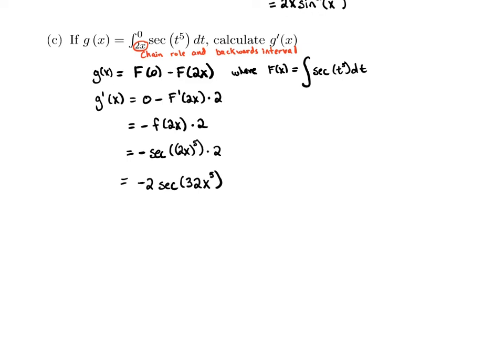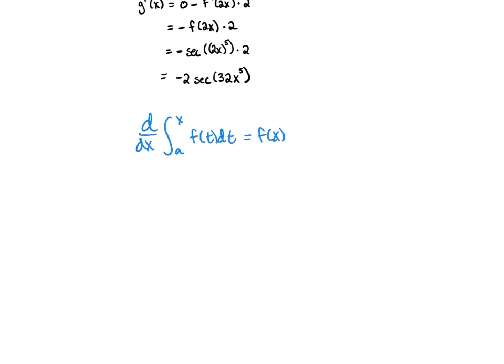So if you're just taking the derivative of a regular area so far function, so you're doing d dx of the integral from a to x of f of t dt, that will just be f of x. But if you were taking the derivative with respect to x of the integral from a to, let's call it u of x, of f of t dt, you're going to end up with f of u of x times u prime of x.